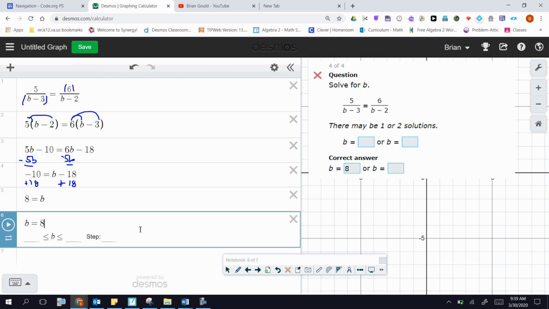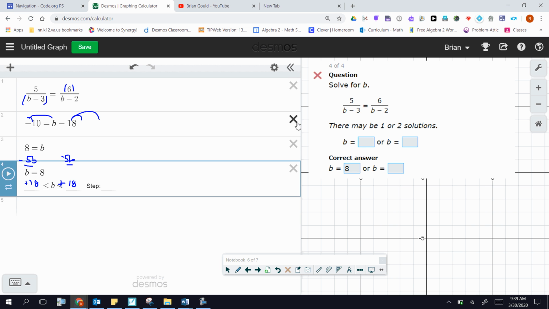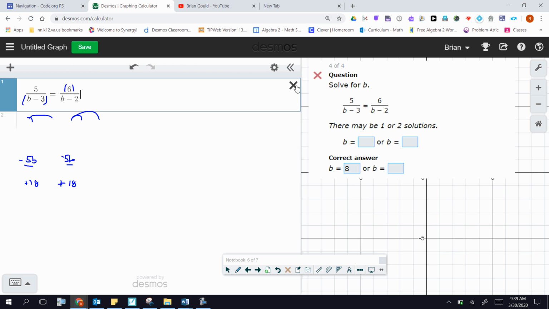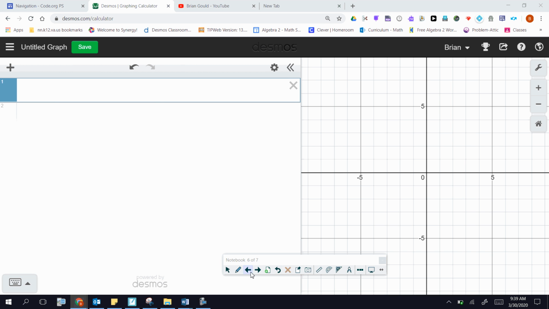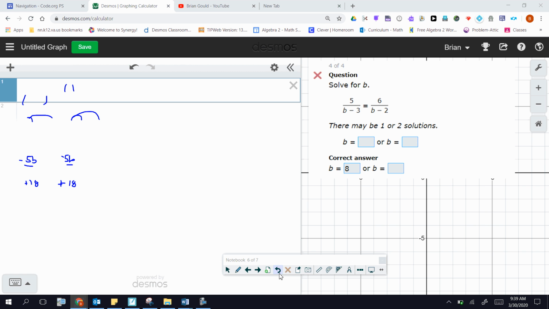All right, now, just remember, we can also graph this. Get rid of everything here. Actually, I'll do that. Let's just get rid of this ink.